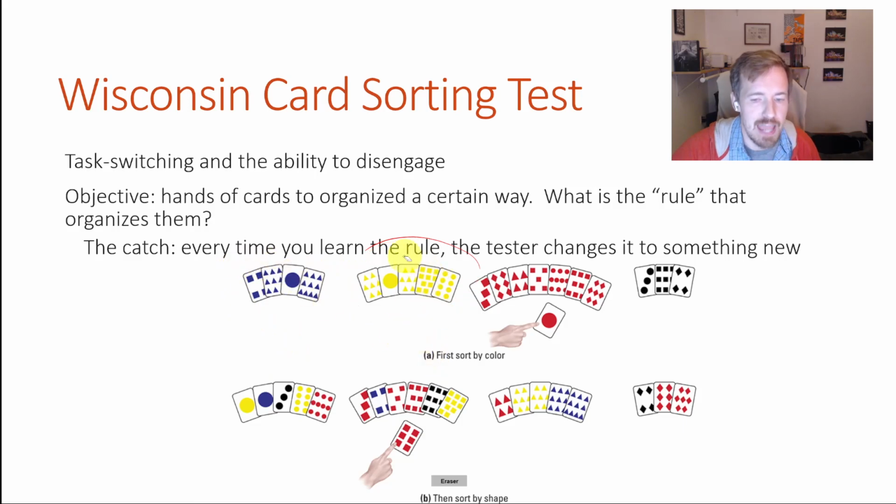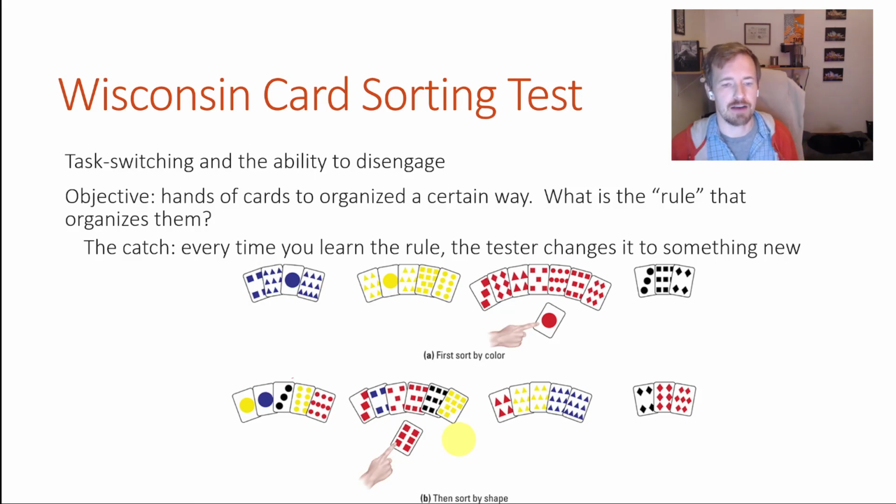But they don't always have to be the same color. So for example, if I'm looking at this, then maybe you would sort only circles over here. Or if you're looking at this, then it's only squares. Or over here, it's only triangles, and so on and so forth. So you're sorting by color, or you're sorting by shape, or you're going to sort by how many shapes are present on that.